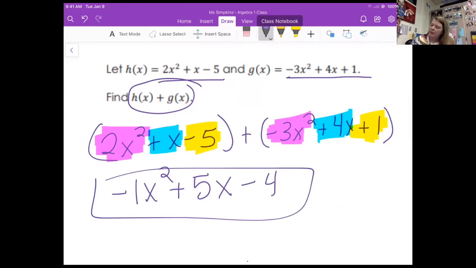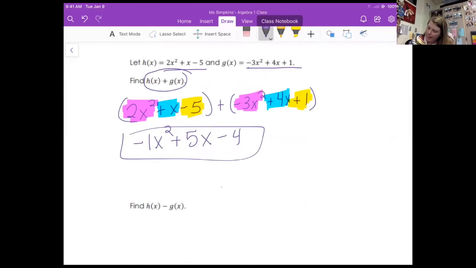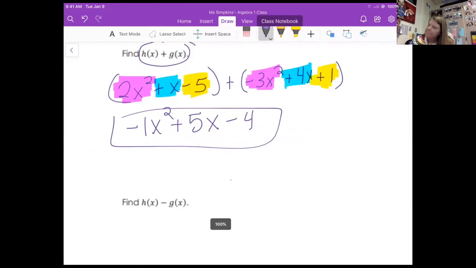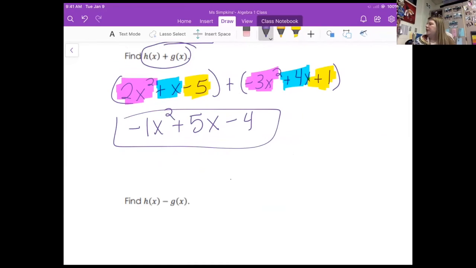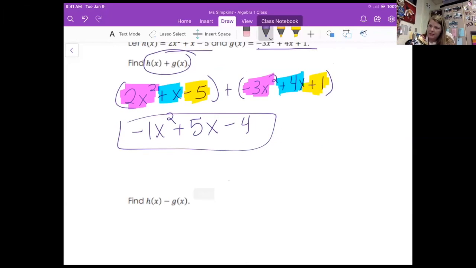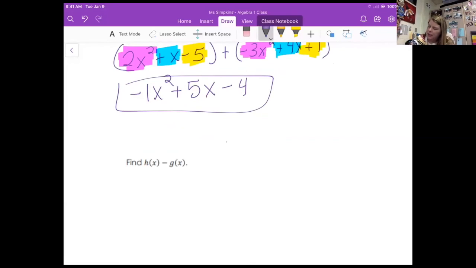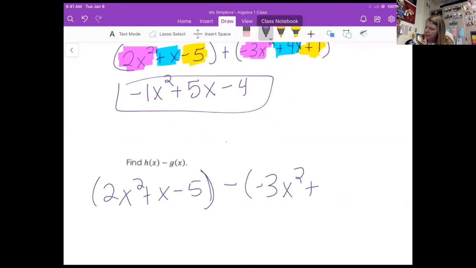So what's different about the one below it? I'm still using h of x and g of x, but I'm going to subtract them instead of add them. Yes, Lena, subtract, not add. I'm still using 2x squared plus x minus 5, but now I'm going to subtract negative 3x squared plus 4x plus 1.